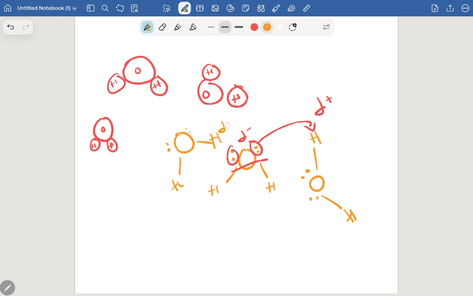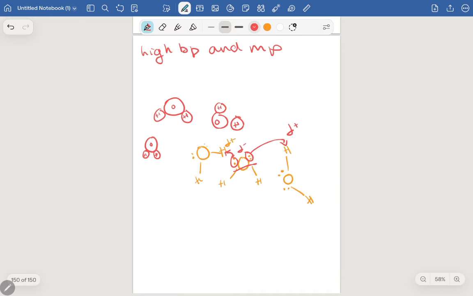So it forms 2 hydrogen bonds due to the presence of 2 lone pairs on each oxygen atom and 2 partially positive hydrogens. This is why it has a very high melting point and boiling point. Because of the extensive hydrogen bonding, each oxygen will form 2 hydrogen bonds, so it will be very, very strong. This is the first thing we discussed.